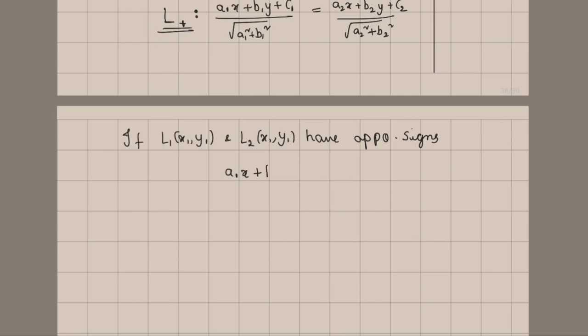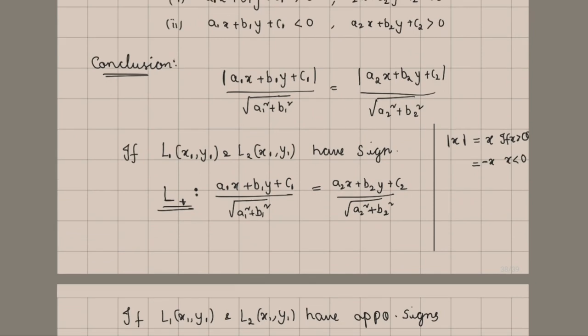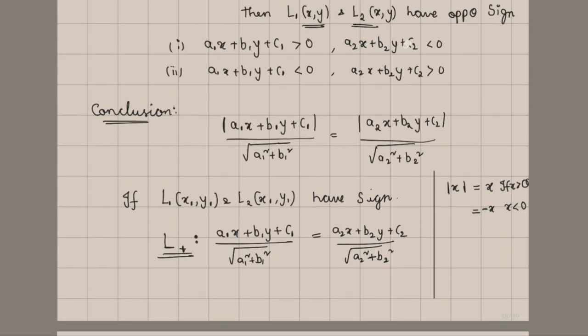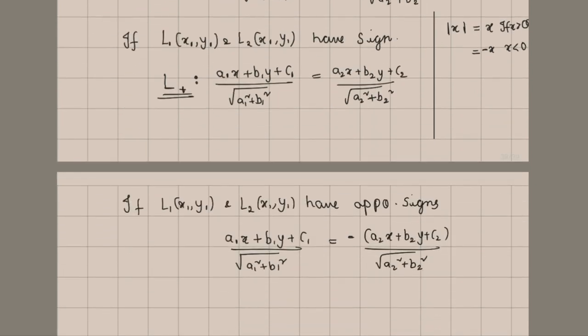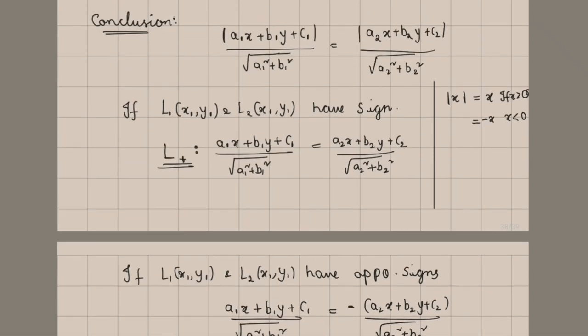(a1x plus b1y plus c1) by root over a1 square plus b1 square equals negative of (a2x plus b2y plus c2) by root over a2 square plus b2 square. Because this is negative, the modulus of a negative quantity will be the negative of the same number.